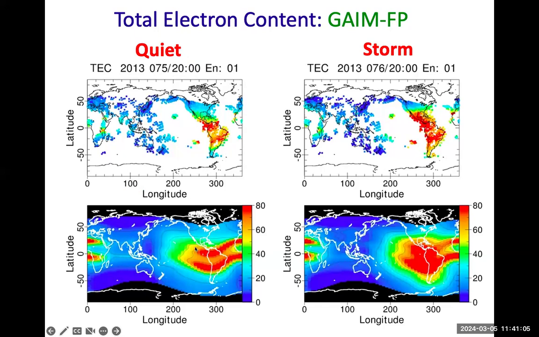You see it in the data, you see it in the model results, and you see that it is very much enhanced during the storm, an indication that the electrodynamics most likely changed a lot. But we also see significant differences at mid latitudes here.